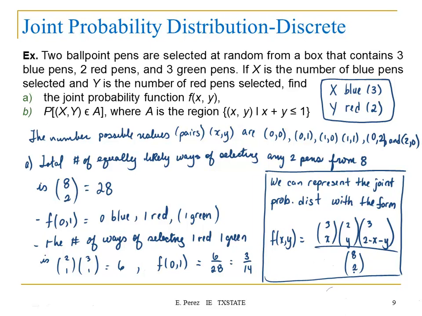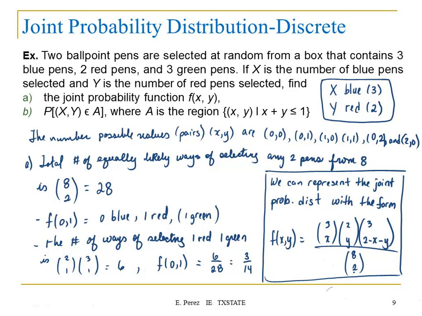Okay. So we have part B. We are looking at the probability that X and Y is in this particular subset or event A, where A is the region of X and Y where X plus Y is less than or equal to 1.